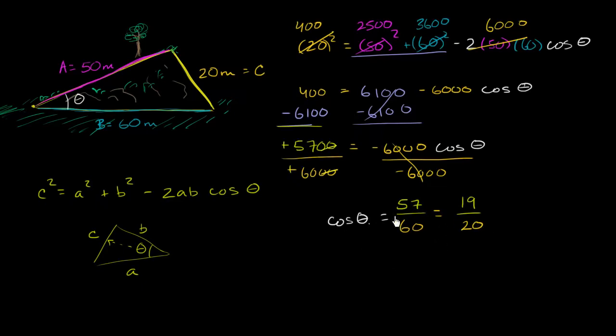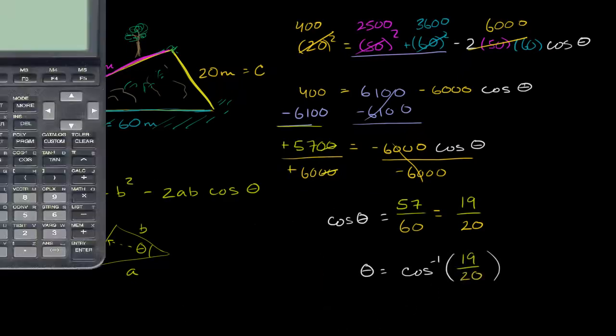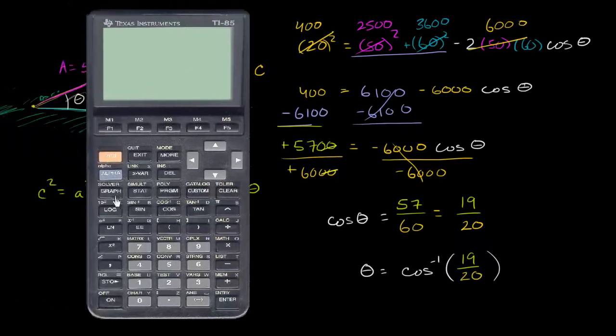And so now we can take the inverse cosine of both sides. So we get theta is equal to the inverse cosine, or the arc cosine, of 19 over 20. So let's get our calculator out and see if we get something that makes sense. We want to do the inverse cosine of 19 over 20.